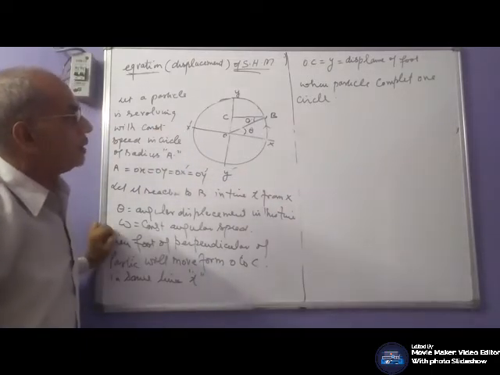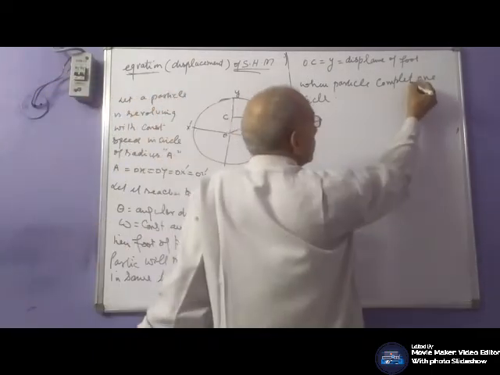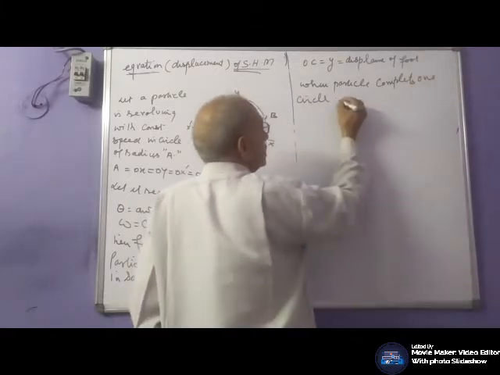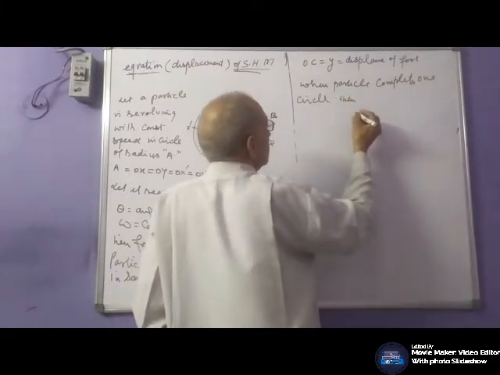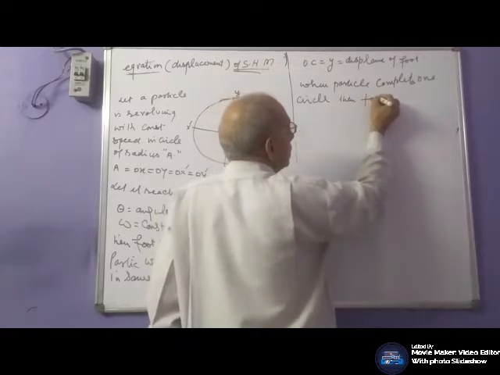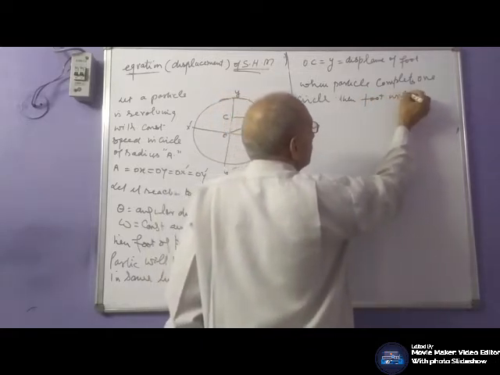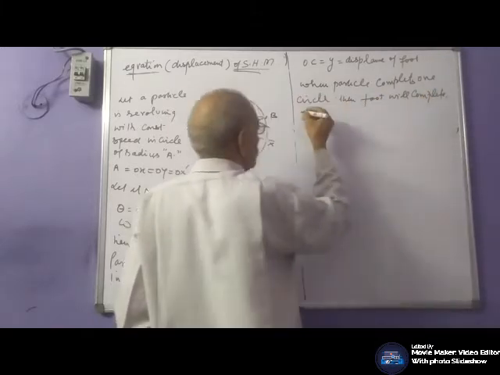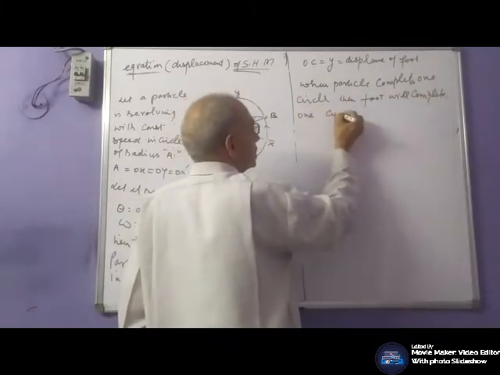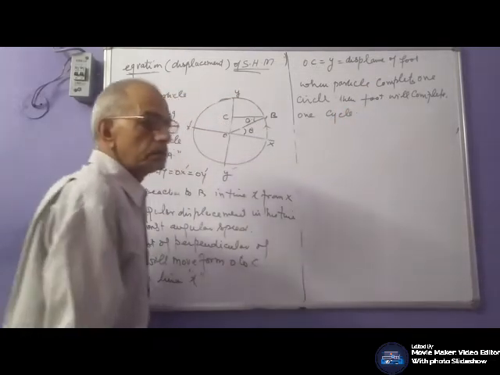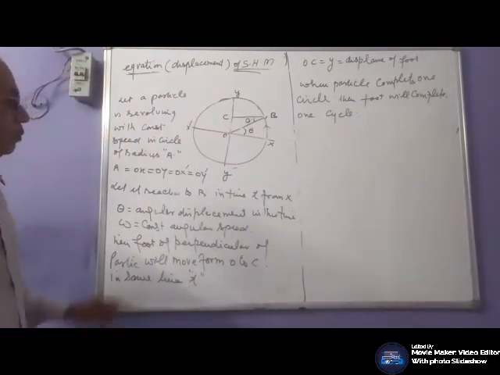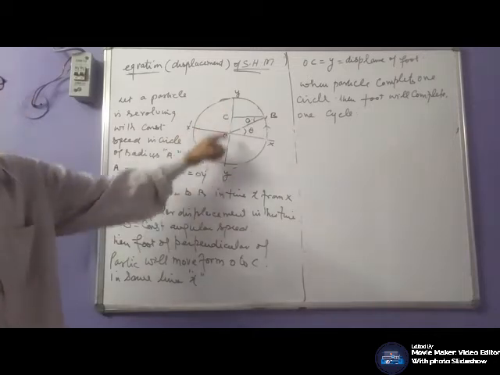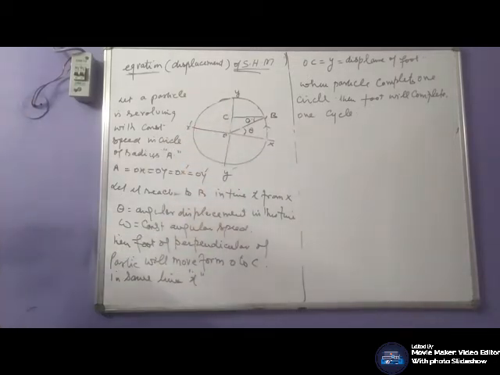So when the particle completes one cycle, one circle, the foot will complete one cycle. So the motion of the foot is oscillatory and it will be periodic, so it will be S.H.M.